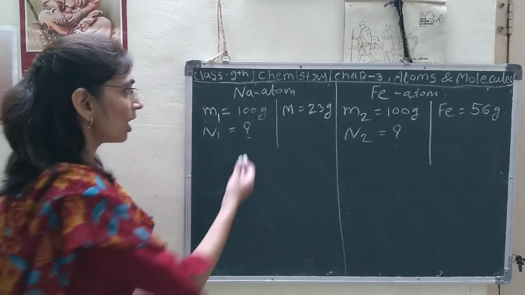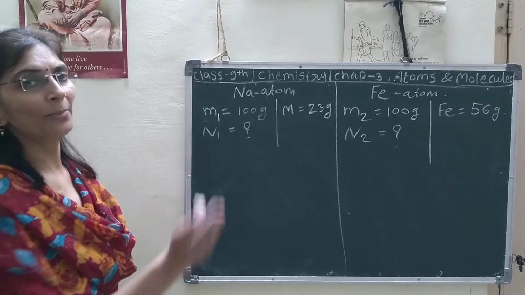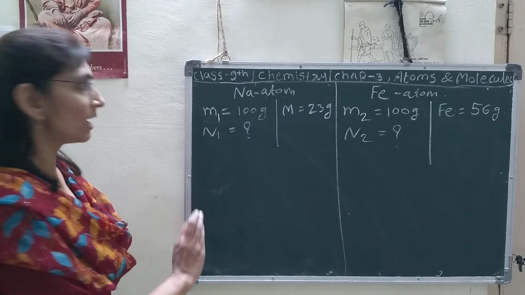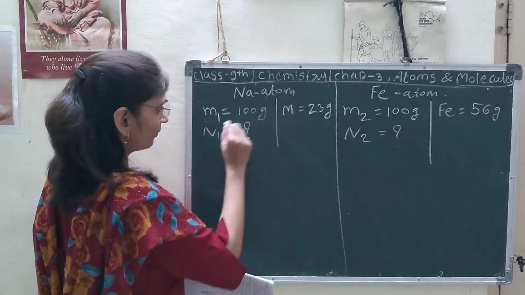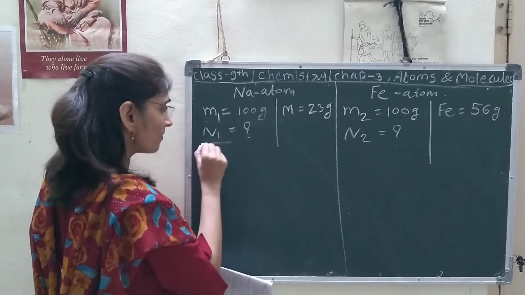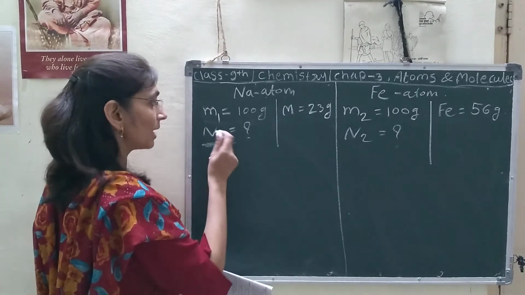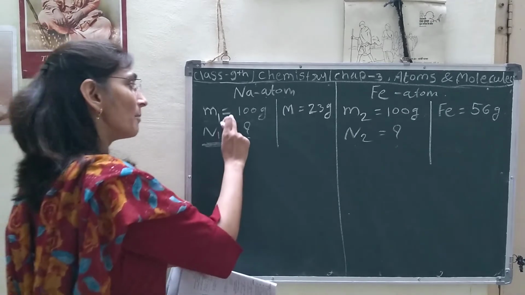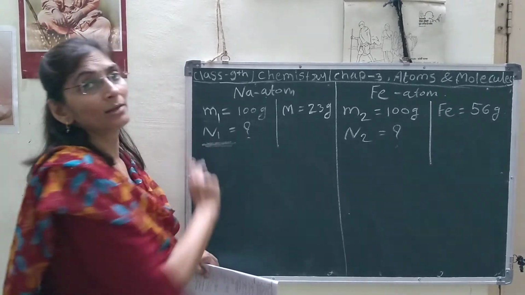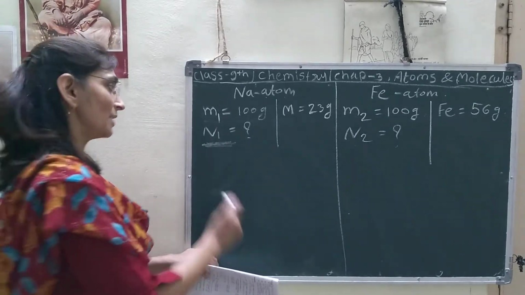Okay? So how can we solve this? By putting the values in the formula. What we have to calculate here? Number of particles we have to calculate. So what will be the formula? Mixed formula we have to apply, because mass is mentioned as well, number of particles are also mentioned.